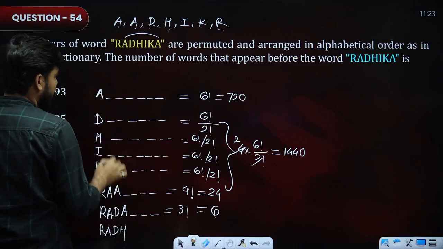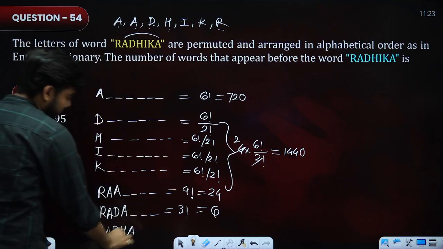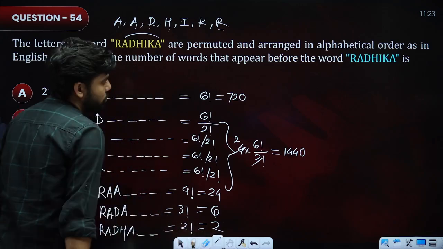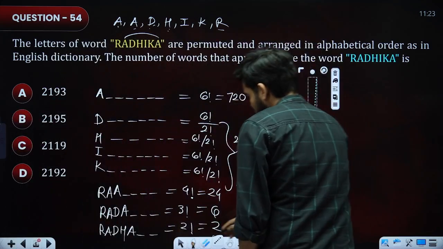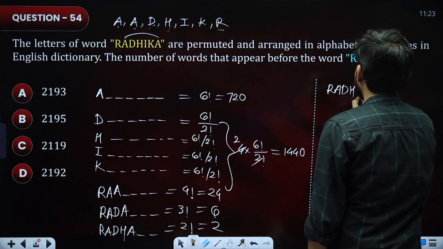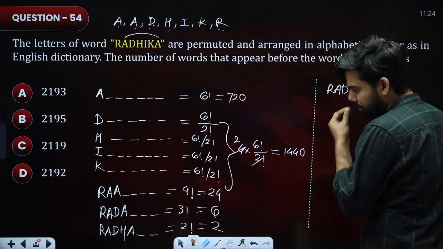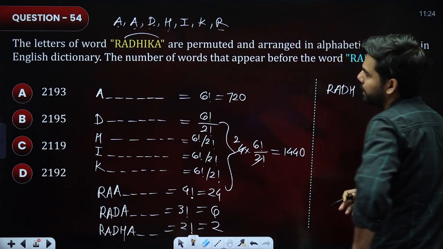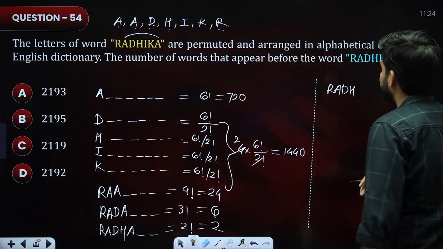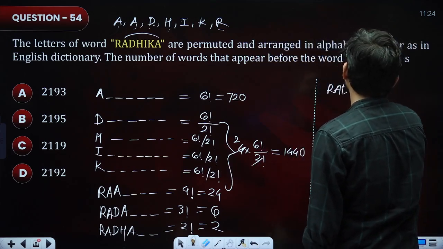We have to first use A over here, correct? So again we need to use A over here. Then we have 2 factorial. After that we have R, A, D, H, because we have already used the letter A. So after that we can use any other letter also. So it should be I.